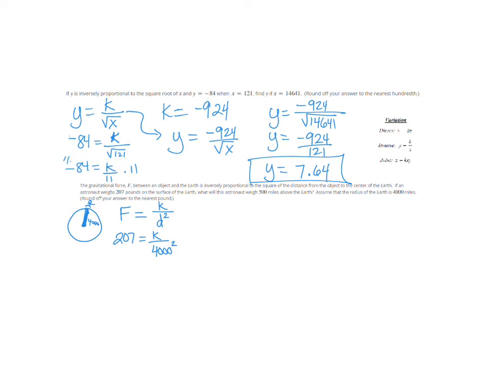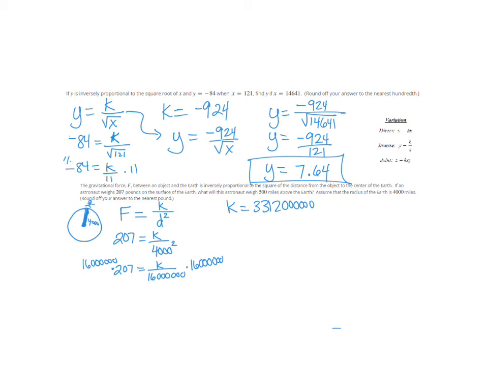Now, you can type that in your calculator, or it just kind of depends on how savvy you are with your calculator. Maybe you need to write it out and then multiply, but you're going to end up multiplying by that huge number over to the other side. All right, so I get for K, that's my K value for this scenario.